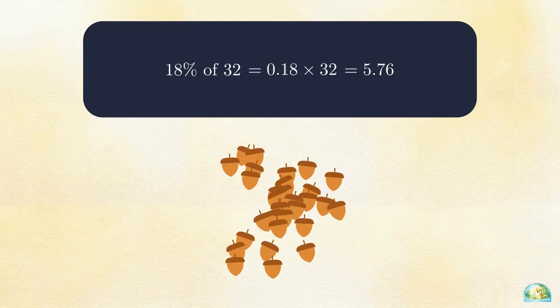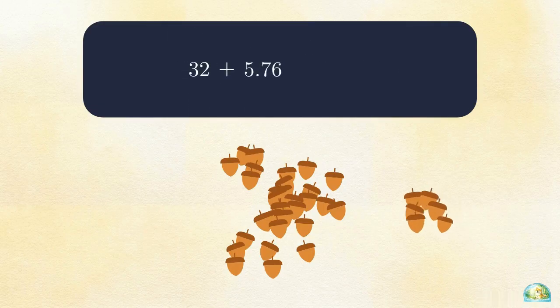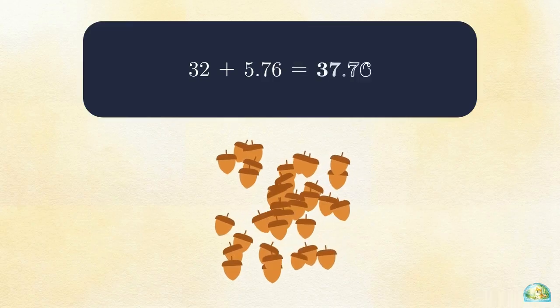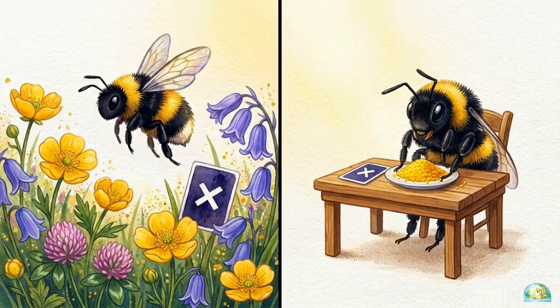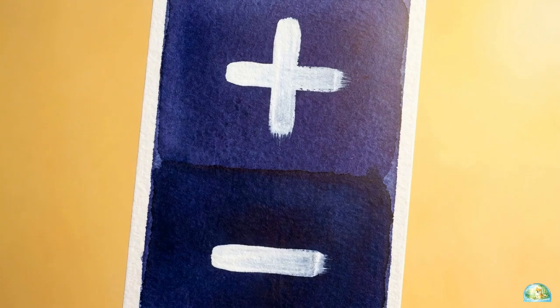A tip is a percentage of the bill that we add to the total, rather than take away. So we complete the arithmetic by adding that 5.76 tip directly onto the original 32, reaching a total of 37.76 acorns. Whether Thistle is securing a discount or leaving a tip, the initial multiplication mechanic is identical. The only thing that changes is the final physical action of subtracting or adding.